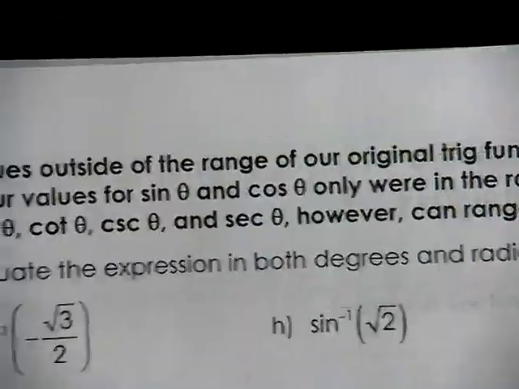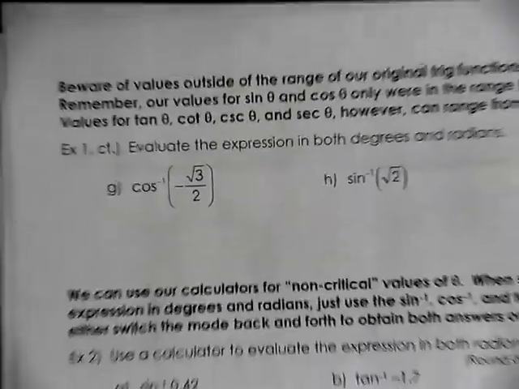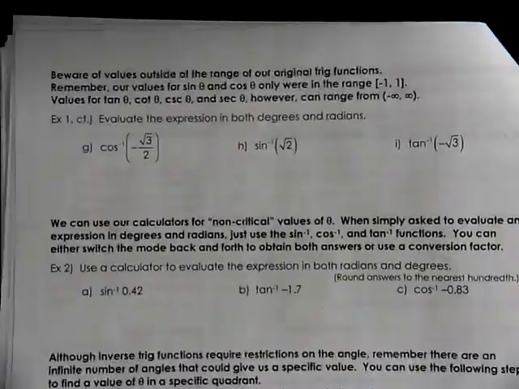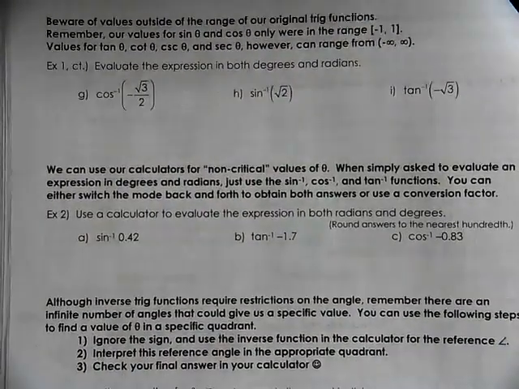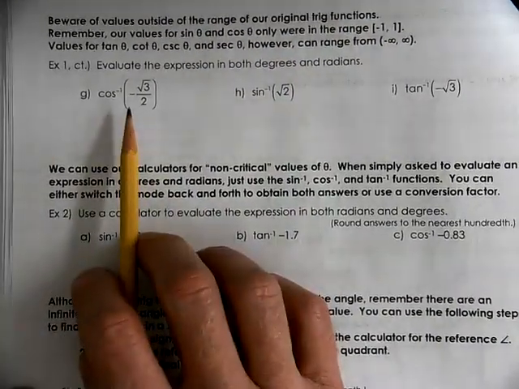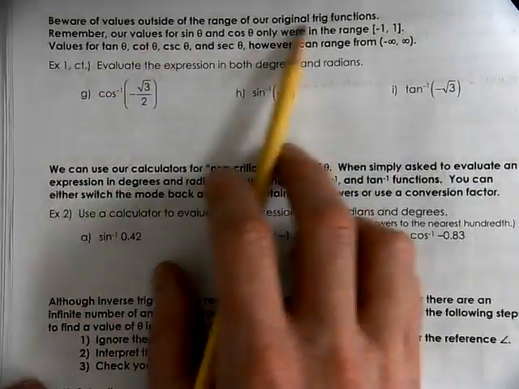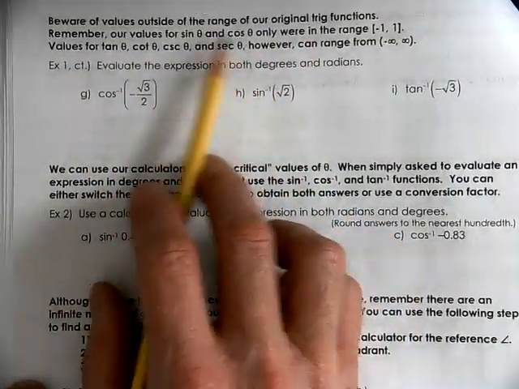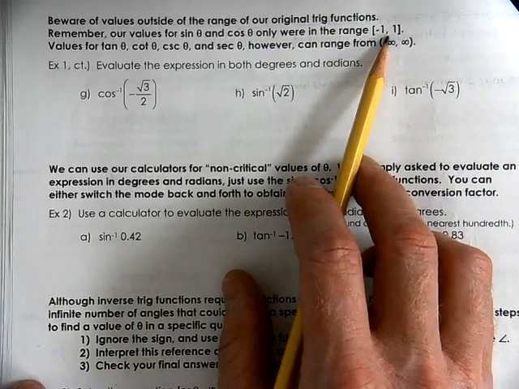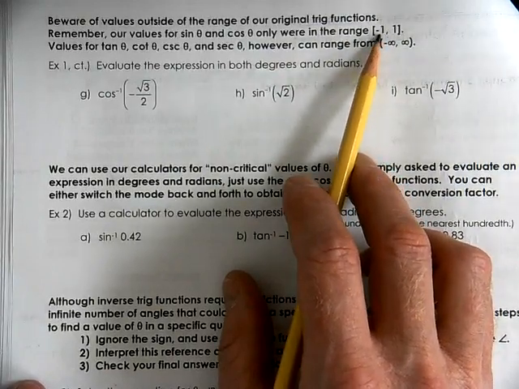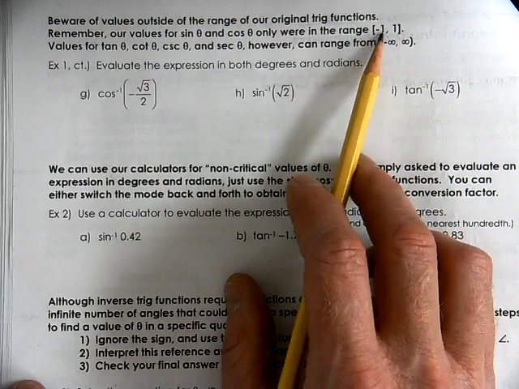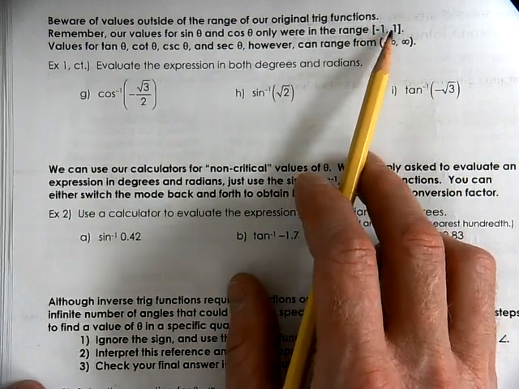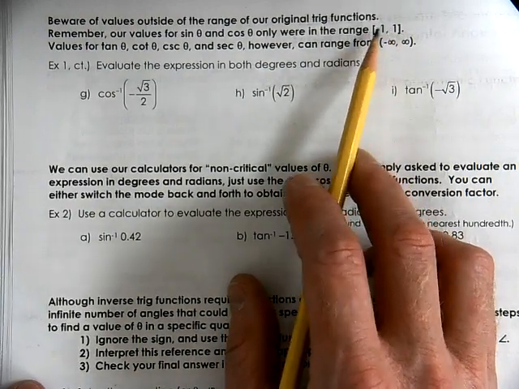On the flip side, we're evaluating when working with sine and cosine. We know our answers have to be between -1 and +1, because the hypotenuse, opposite over hypotenuse, is always going to be less than 1.